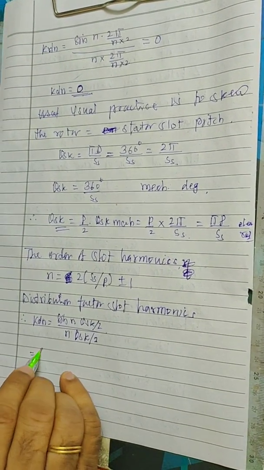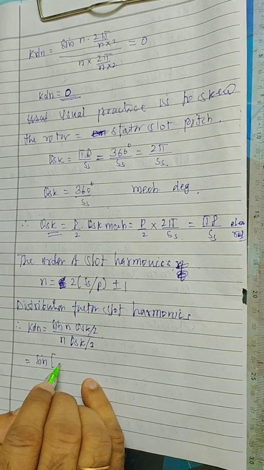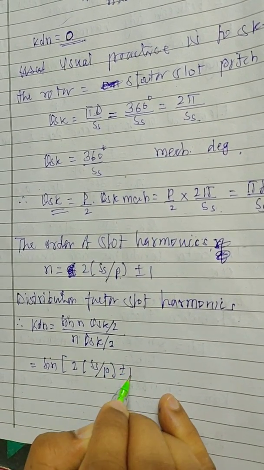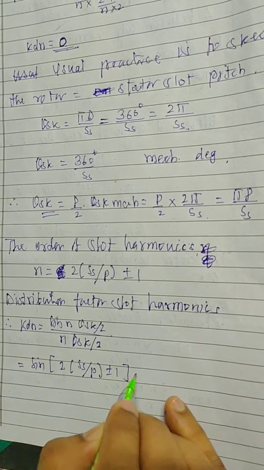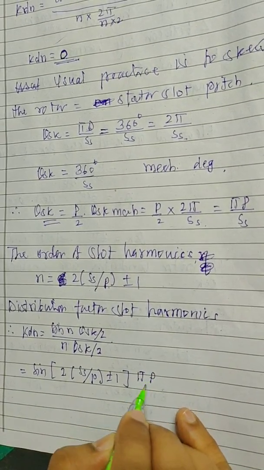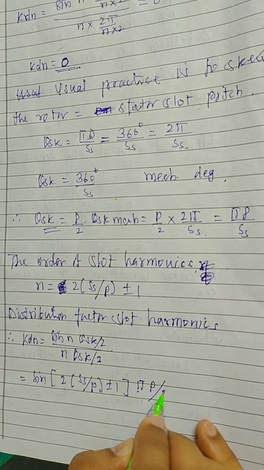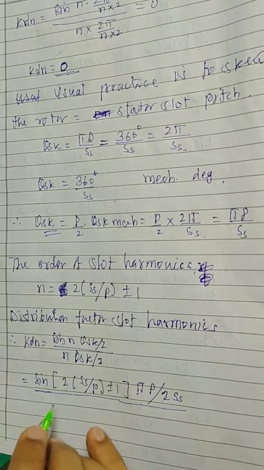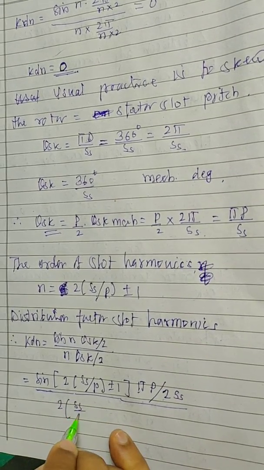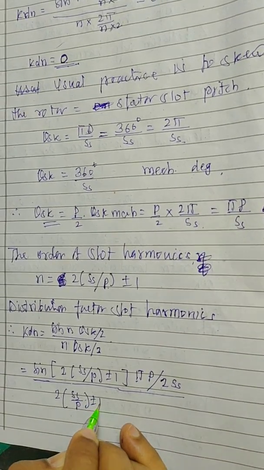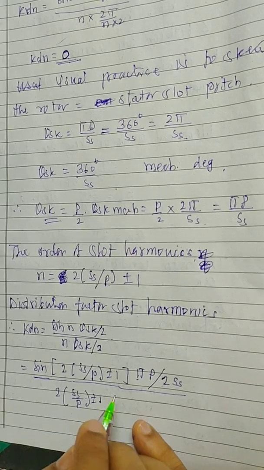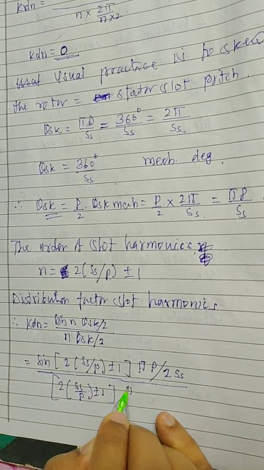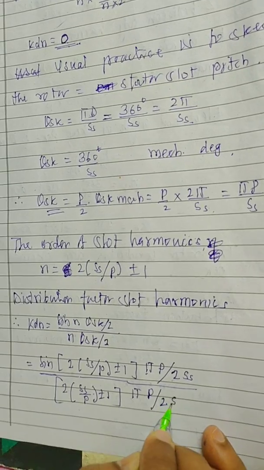This is equal to sin of n, which is 2 Ss per pole plus minus 1, into theta sk, pi P upon 2 Ss, upon n, which is 2 Ss upon P plus minus 1, into pi P upon 2 Ss.